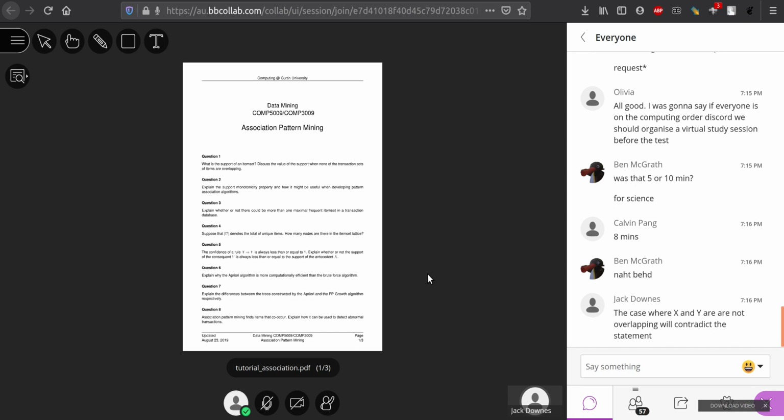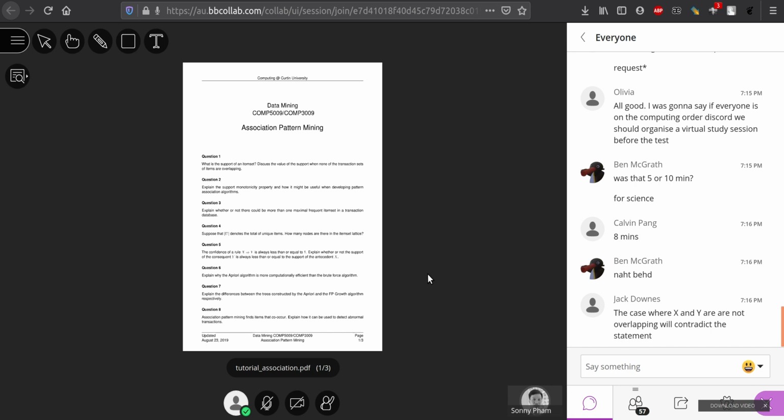If that's the case, then when you calculate the support, the support of y can be greater than the support of x. But maybe that doesn't make sense now that I'm looking at it. I think it's very hard to say for sure whether it's overlapping or non-overlapping.